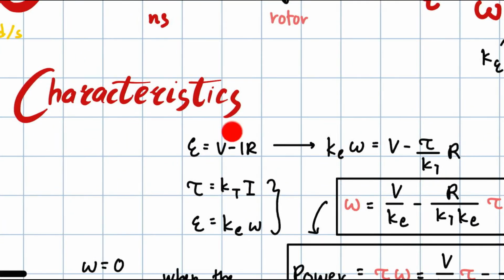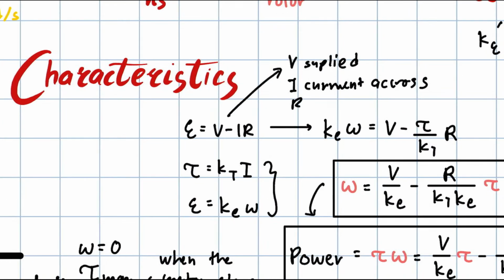This V is the voltage source, and IR is the current across the motor and the resistance of the motor. This is the V supplied. I is the current across. R is the coil resistance, the winding or motor resistance, R motor.